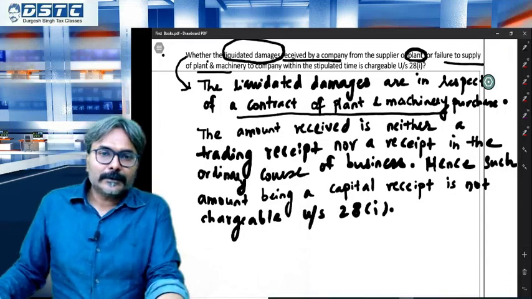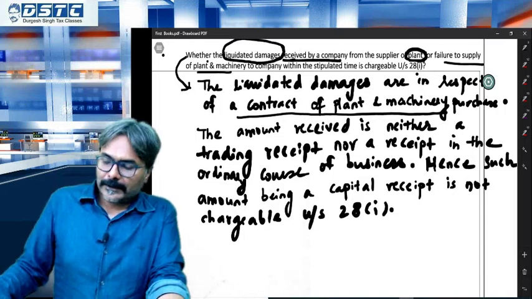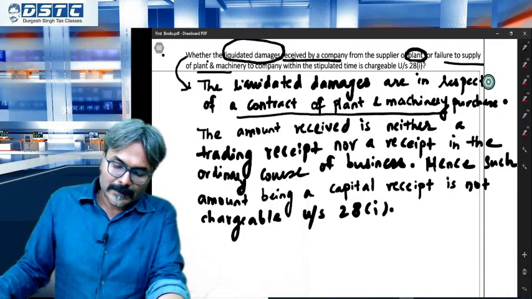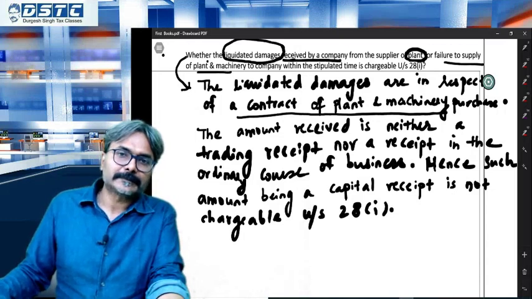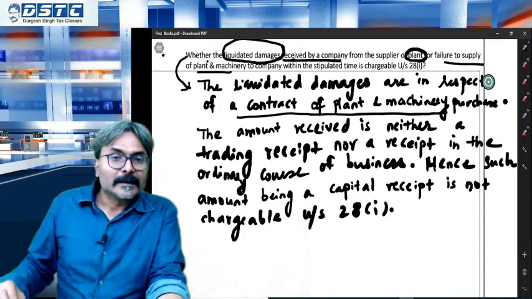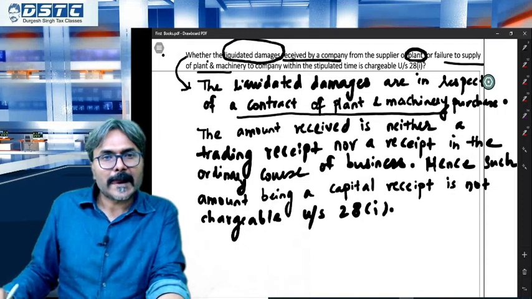Hence, such amount being a capital receipt is not chargeable under section 28(1). Fine, students? Have you all done this?